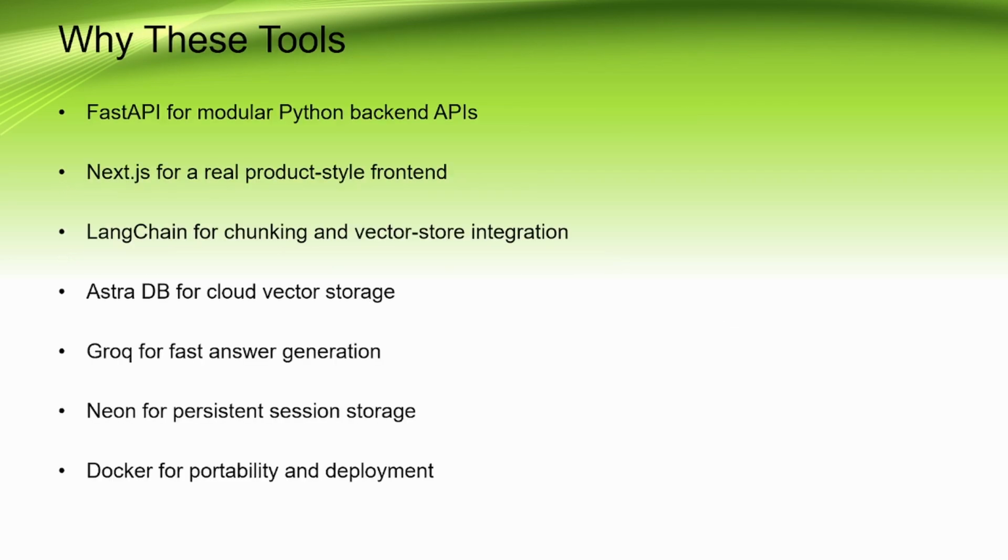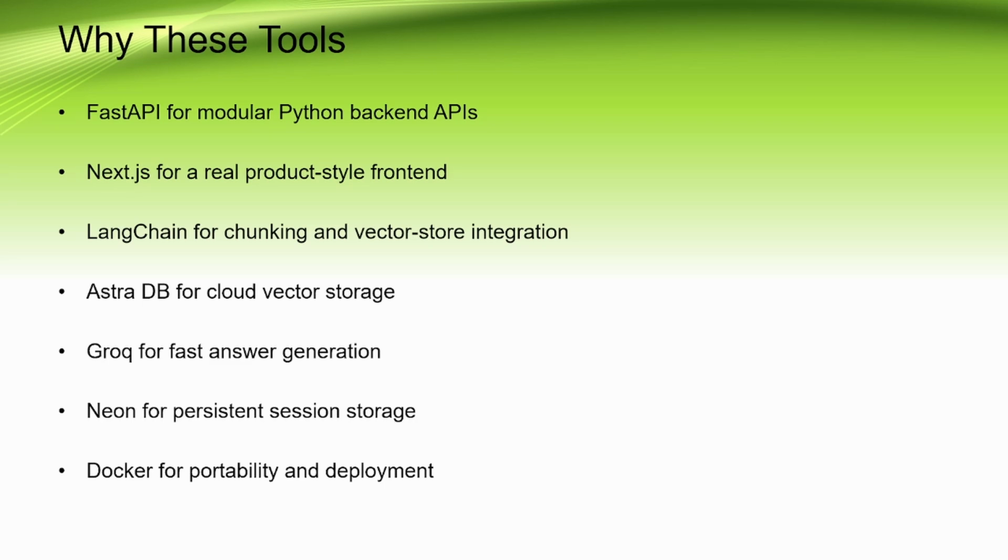So the question is, why choose these tools? I selected tools based on practicality and not just popularity. FastAPI gave me a clean and modular backend. Next.js helped me build a proper user-facing application instead of only an API demo. LangChain was used where it adds real value, mainly in text splitting, vector store, retrieval, and so on.